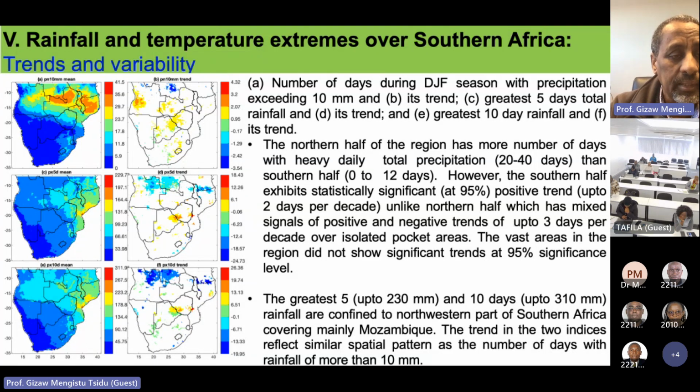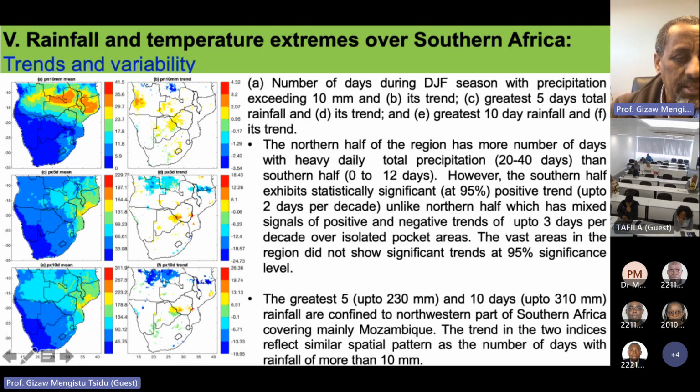And is there any trend? Is the number of days with rainfall exceeding 10 millimeters increasing with time, or decreasing? When you look at this, most of the Southern Africa region is shown by white. White means there is no significant trend. Wherever you see color, there is some significant trend.